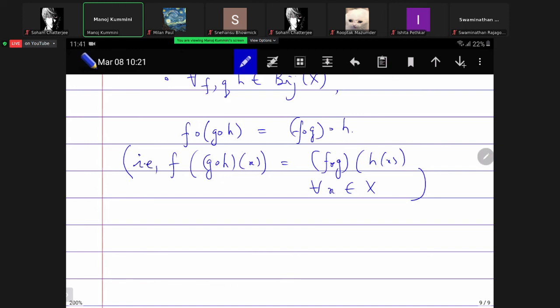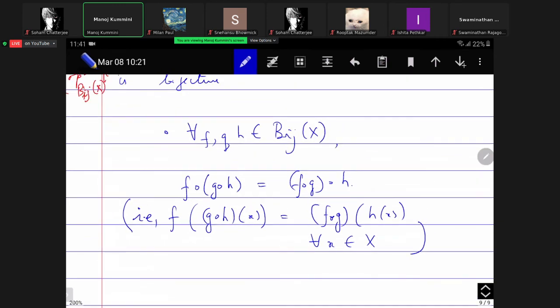Please check this parenthetical statement; if you have some difficulty, take a look at the textbook. So this establishes associativity.